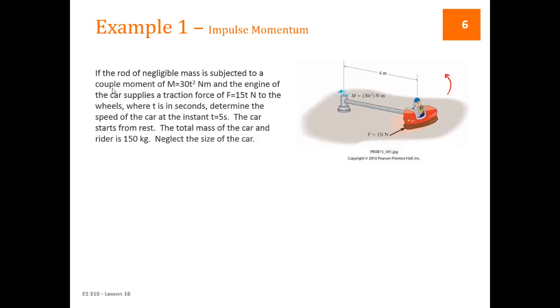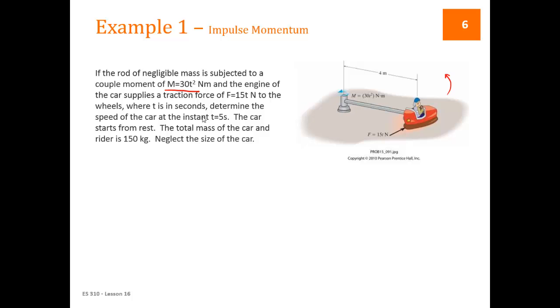It's subjected to a couple moment, so there's some motor here at the center that's creating a moment, and that moment has the expression 30t squared. Then the engine in the car itself also produces a force, at a distance of 4 meters, so that force is going to create a moment as well around this shaft in the middle.